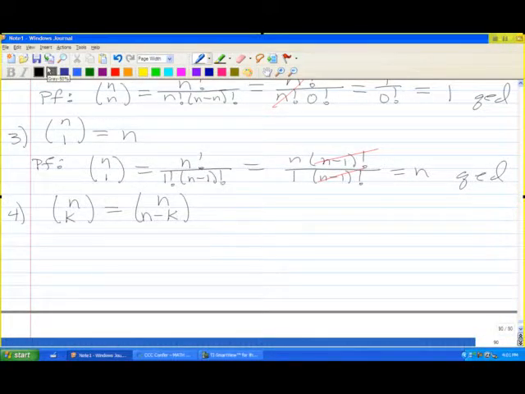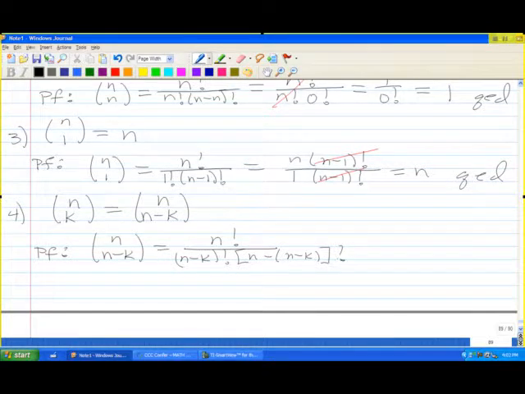So let's show this. And so I have that nC n minus k is just n factorial over n minus k factorial times n minus n minus k factorial.